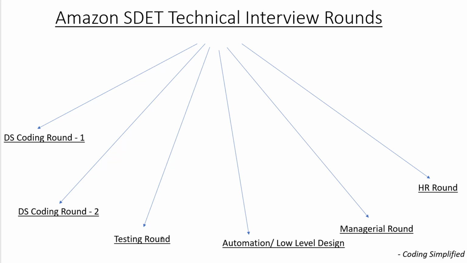So let's say first in login, in username, can a user give the email ID, or can a user log in with their mobile number, or the user can also log in with their username.